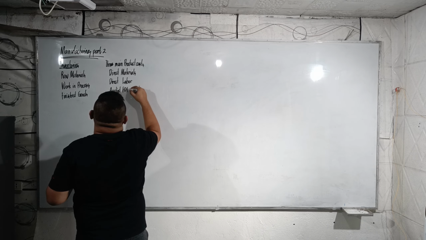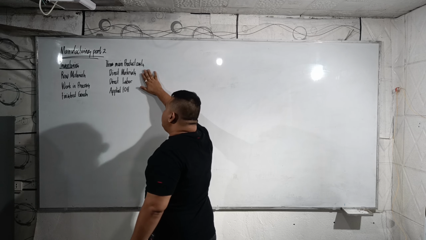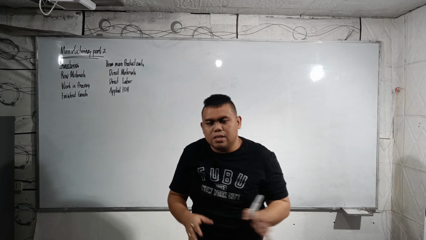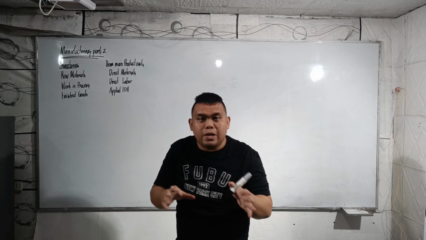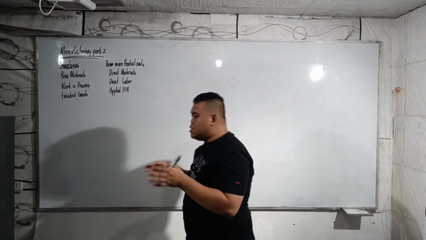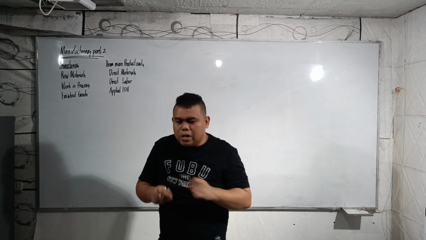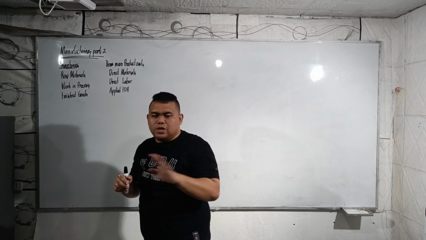Okay? And the definition of these things, for example, the direct materials, those are the materials that are directly traceable in the finished product of the business. And we have the direct labor, which are the costs incurred for the people who are actually working directly to make the product, to make the finished product.